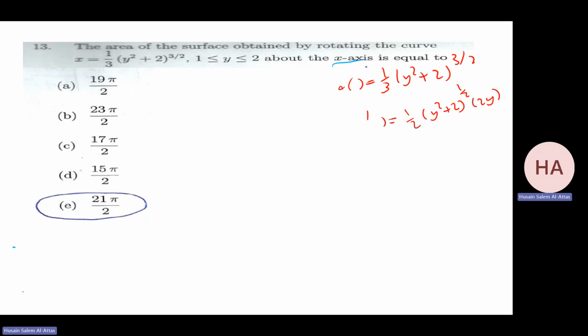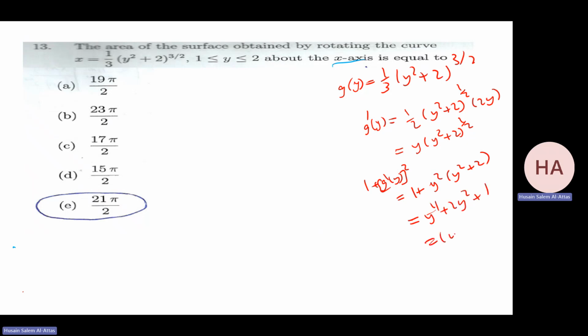So this is g of y, g prime of y, and this is y squared plus 2 to the power half. So 1 plus g prime of y squared will be 1 plus y squared plus 2, that is y to the power 4 plus 2y squared plus 1, which is (y squared plus 1) all squared.